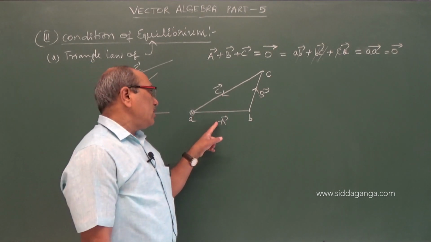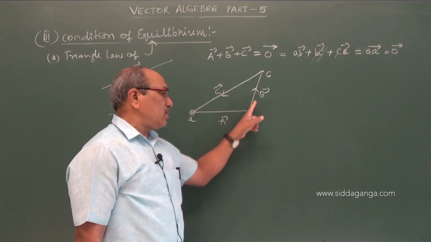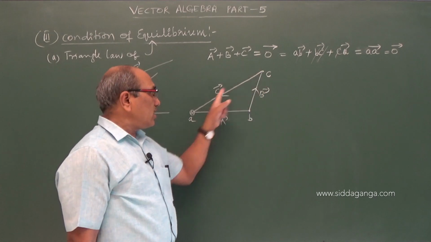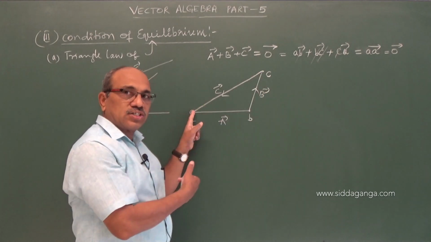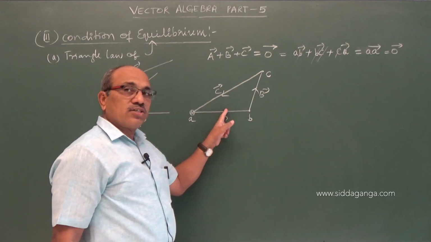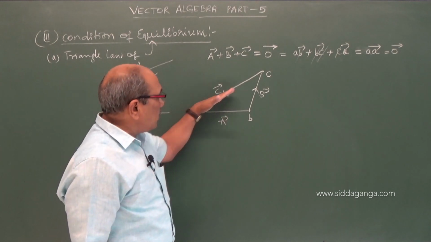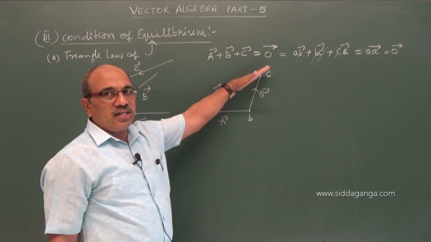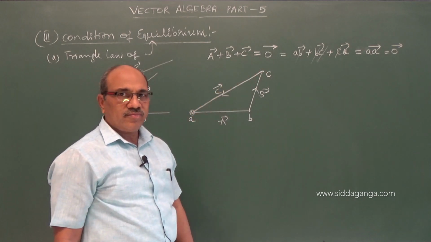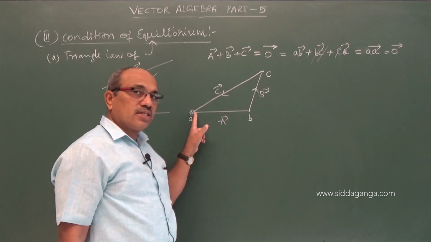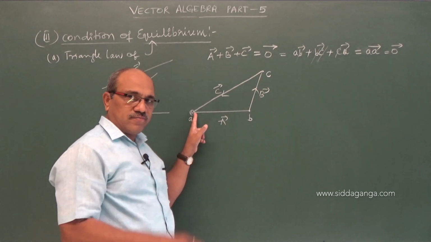If 2 sides of the triangle are in one order and the closing side also comes in the same direction, the system, particle or body comes to equilibrium. If it is in the opposite direction, then it becomes a resultant. I think you have followed. Same direction, the closing side, it becomes equilibrium.